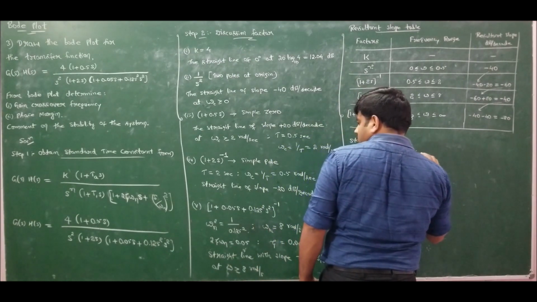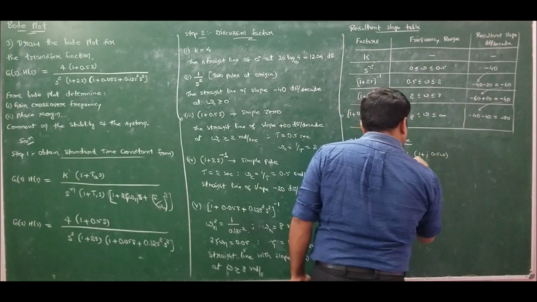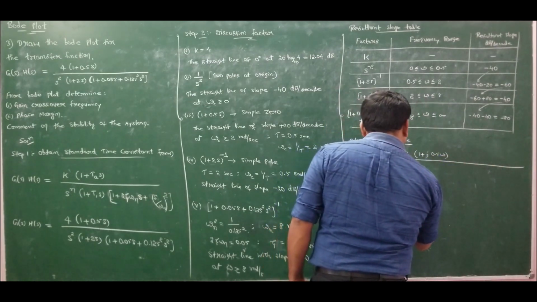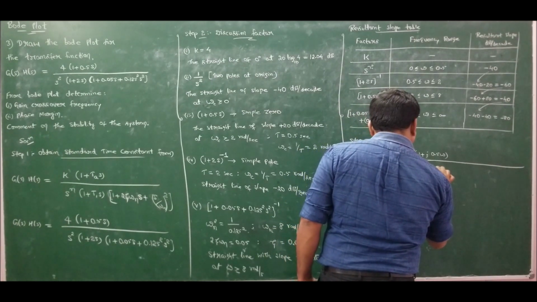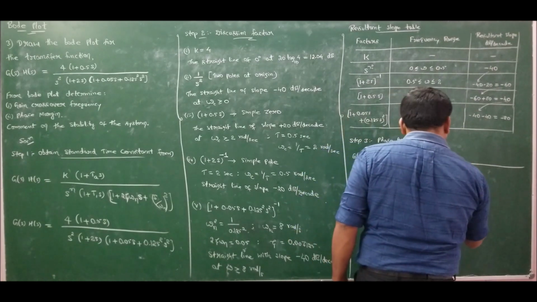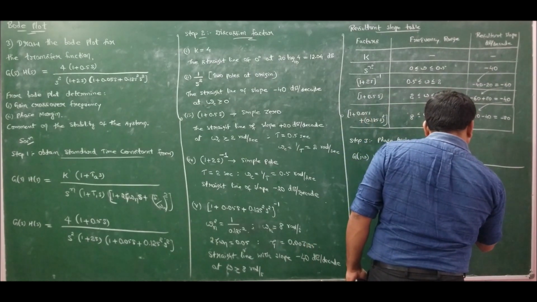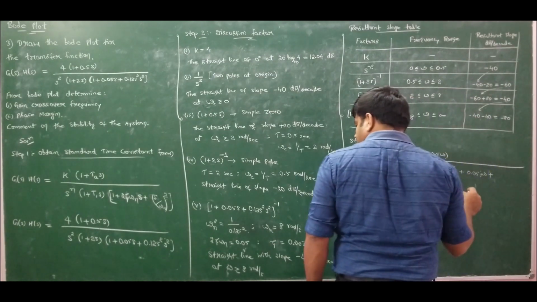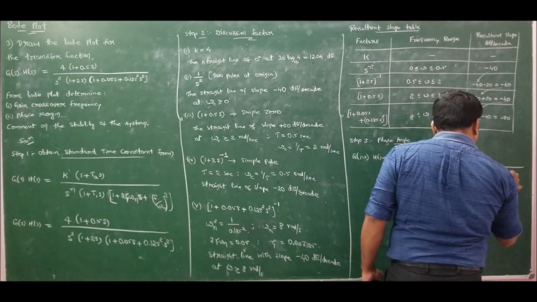4 into 1 plus j times 0.5 omega whole divided by s square, which is j omega square, into 1 plus j times 2 omega, into 1 plus 0.05 j omega plus 0.125 square j square omega square.